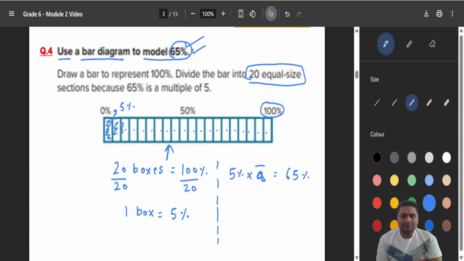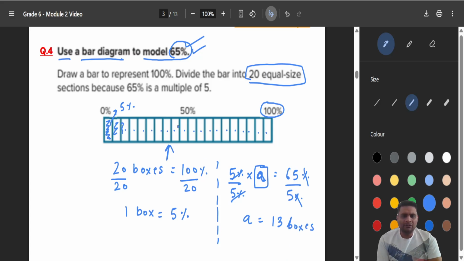How will I find this number of boxes? Simply divide by 5% here, divide by 5% here. 5 and 5 cancel. So A that you are looking for is the number of boxes that we have to fill. 65 divided by 5 will give you 13 boxes. The percent and percent will be cancelled. So only 13 boxes you will say.